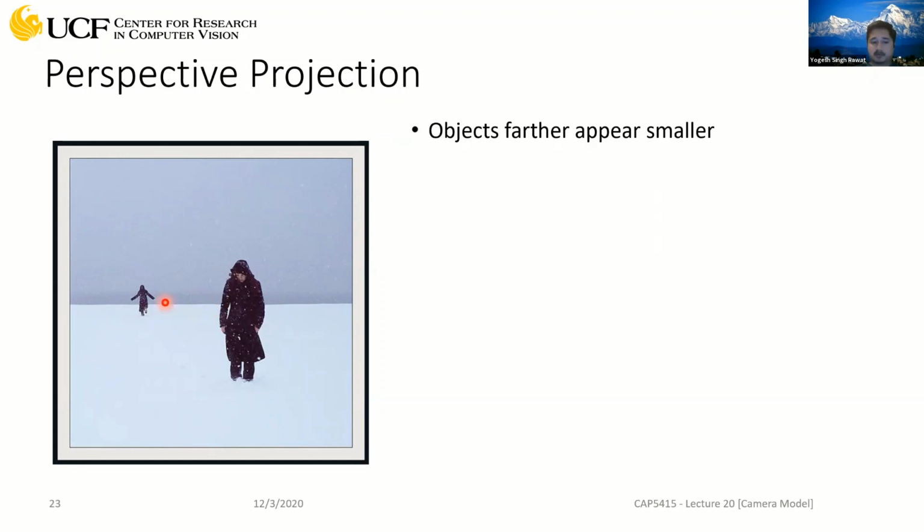It could be the same person. But when you're projecting this into the image, you can see that it's pretty small here when you compare this with this person in the front here. Now, that's problematic because actually the objects were of the same size. But then how will you infer whether these are the same objects or not? Because the sizes are totally different, right? So that's one issue.